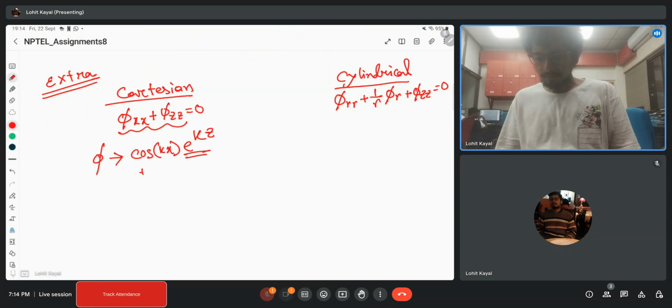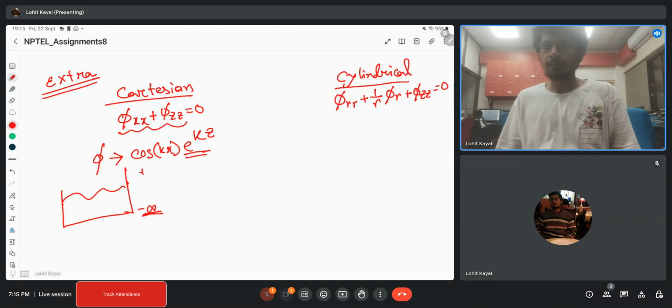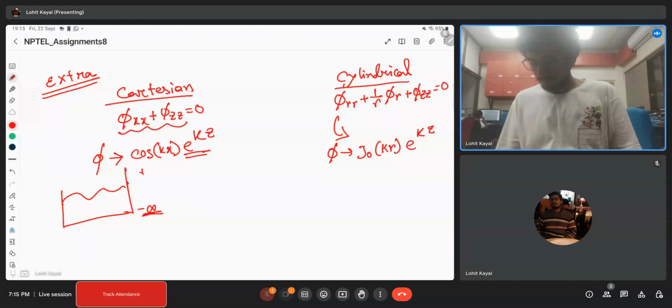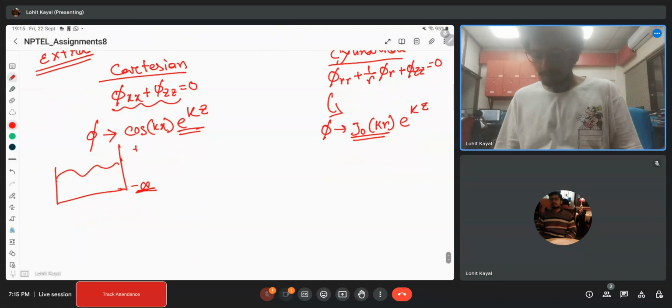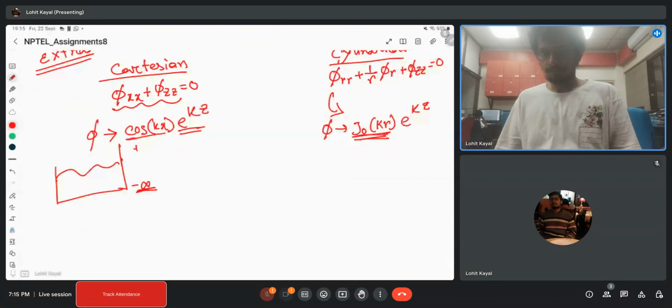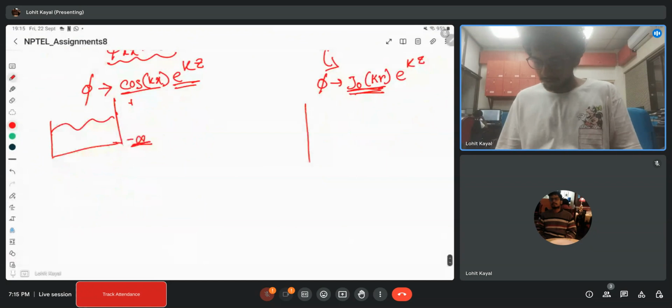It is e to the power kz because if this is your liquid extending to minus infinity, the result has to be finite when z tends to minus infinity. Now in cylindrical geometry, you will find expressions like J0(kr) e to the power of kz. J0(kr) is similar to cos kx.